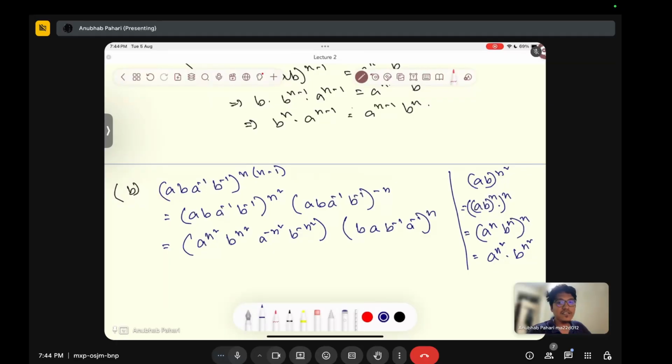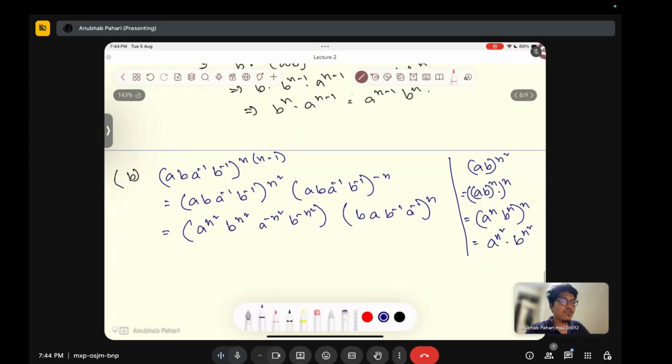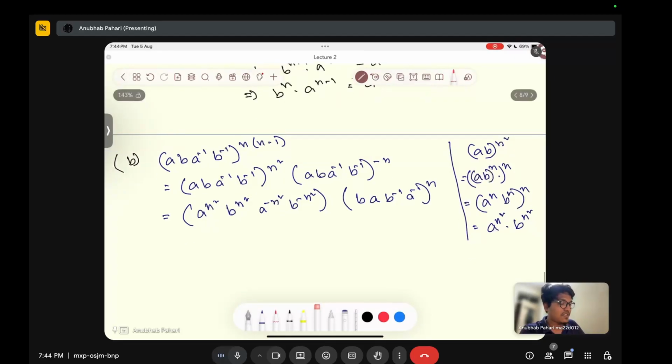Is it clear? Yes, sir, it is clear. So once it follows for 2, then it follows for 4, right? Because you can simply divide them as you like, 2 plus 2 or 3 plus 1, any format. Then again you apply it successively.